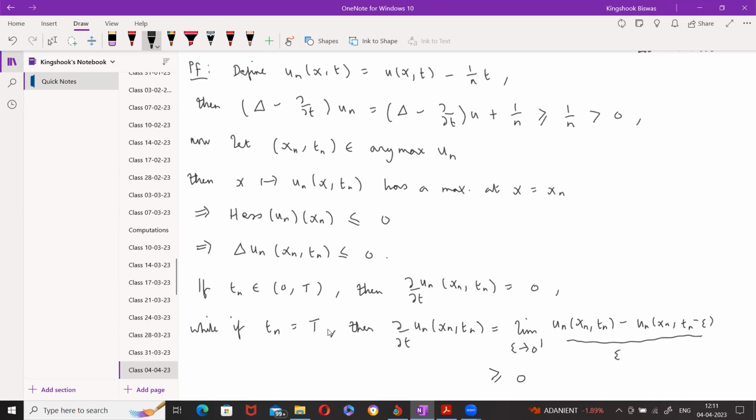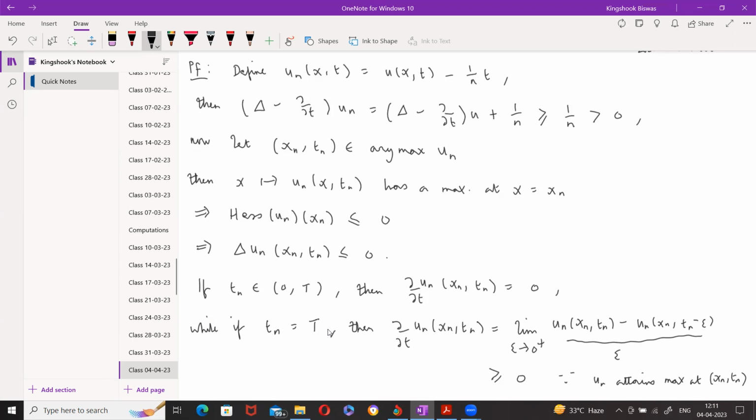So this is a one-sided limit. This is because u_n attains its maximum at (x_n, t_n). So u_n at (x_n, t_n) is greater than or equal to u_n at (x_n, t_n minus epsilon).